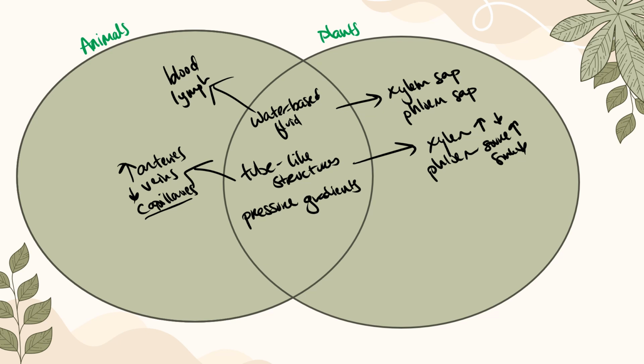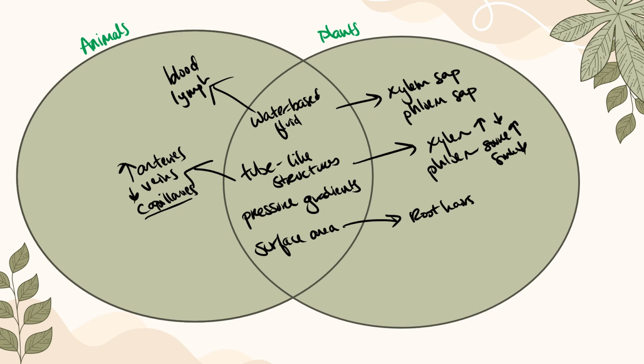And both of these have some crazy amazing adaptations to increase surface area: lots of branches of our blood vessels, lots of separate tubes of xylem and of phloem. And then of course we've got the lovely root hairs in the roots to increase surface area for more absorption of water.